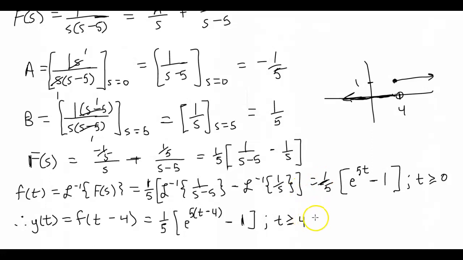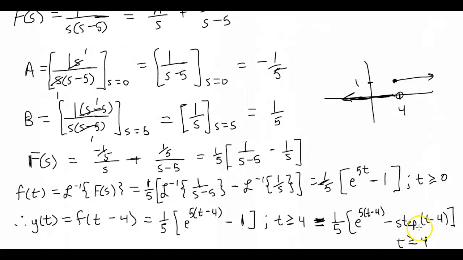So an alternative way we could write the result would be like this. And I'm going to write it like that so it's plain to see. And of course, again, t would have to be greater than or equal to 4 to make that happen.